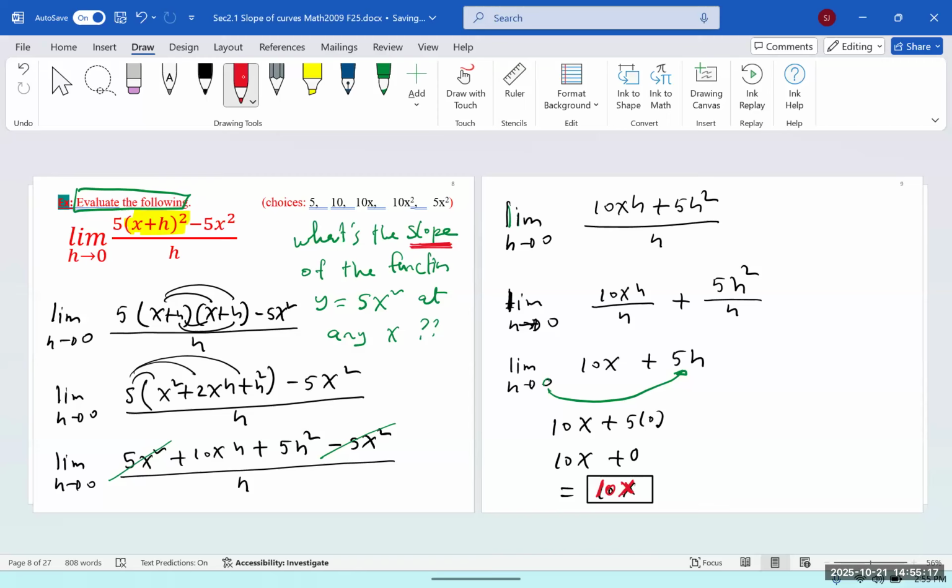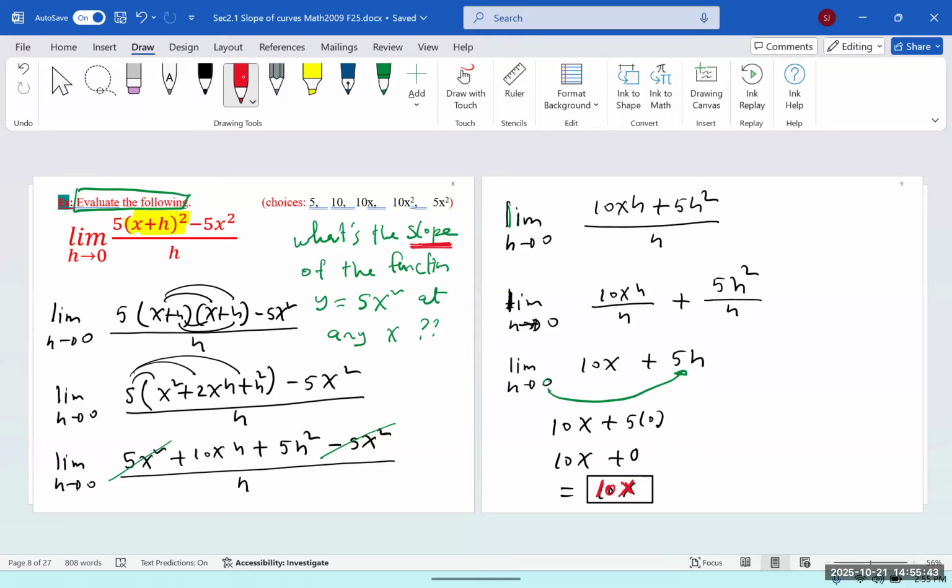Now, with this formula, you can find the slope anywhere on the curve. If you want to find the slope at 0, the answer is 0. The slope is 0 there. If you want to find the slope at 5, the slope is 50. If you want to find the slope at -2 of this curve, the slope is 10 times -2, which is -20.